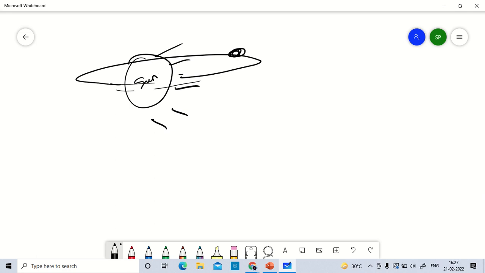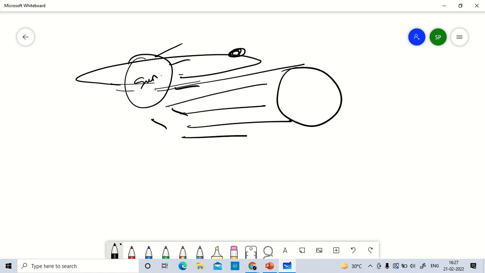The sun is in the middle. If the rays are coming here, maximum rays are coming in this region, and in this region minimum rays are coming, and then the planet keeps continuously rotating also.